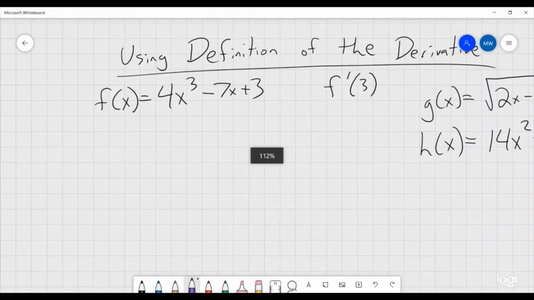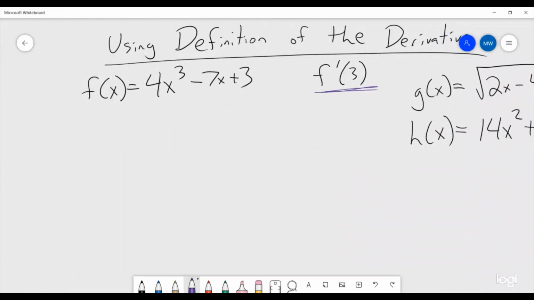to figure out the derivative, so we need f prime of 3. There's a couple different ones that we could do. So one is we could look at the limit as x approaches a, so in this case as x approaches 3, of f of x minus f of 3 all over x minus 3. So that's one way that we could do it.